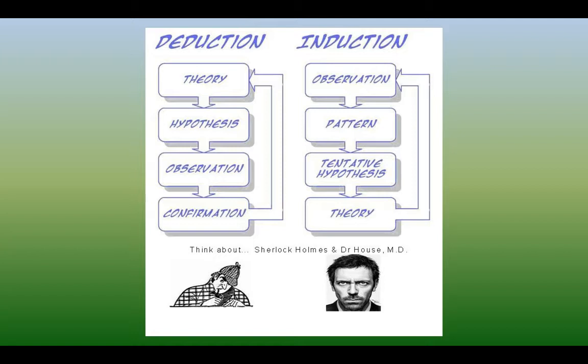He would come up with a theory, form a hypothesis, do his observations, and then confirm if his theory was correct or incorrect. Again, I don't know if many of you have watched House MD, but he would develop a theory, go back, observe the patient, look for patterns, get a tentative hypothesis, and move back to his original theory, either dismissing or accepting it.